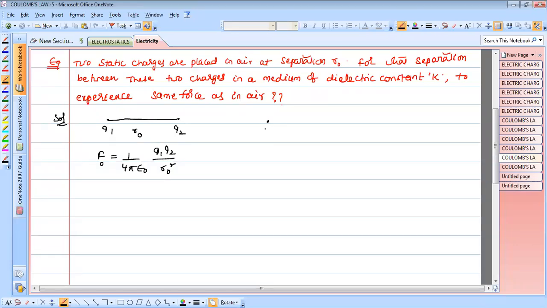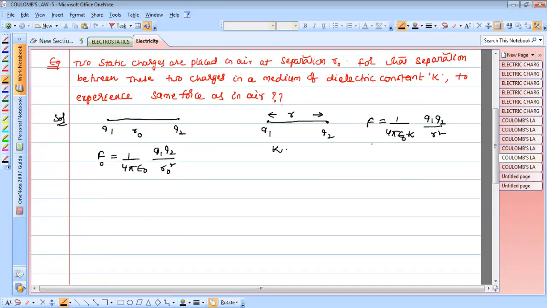Now as per the question, if these two charges are placed in a medium of dielectric constant K, let us take the separation as R. Now the force between those two charges, let us take F, equals 1 by 4 pi epsilon naught into K, that's nothing but epsilon R, Q1 Q2 by R square.